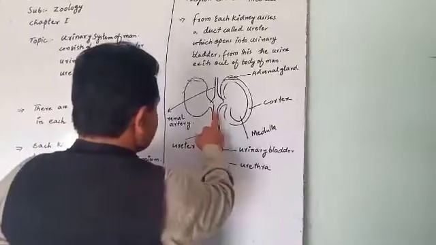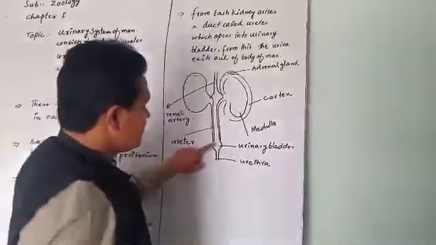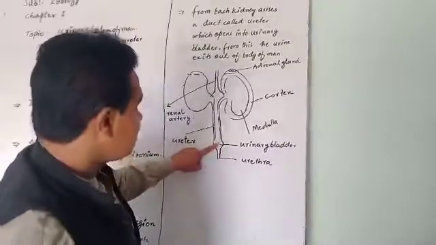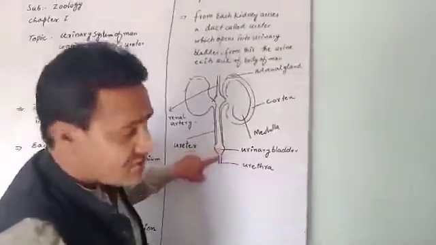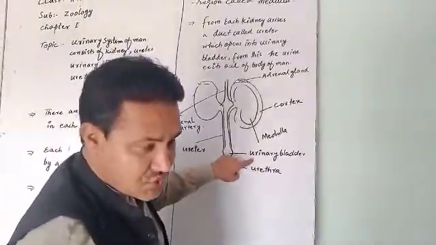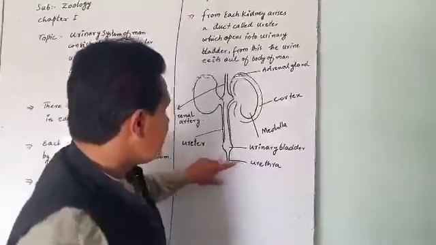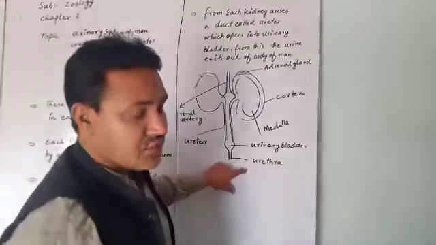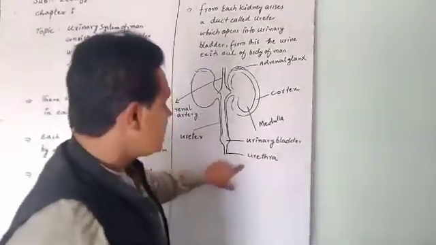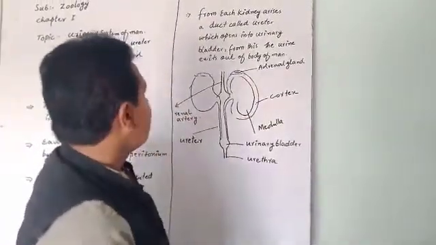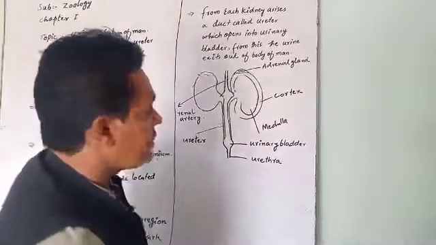From ureter then there is urinary bladder. It is a bag like structure where urine is stored, and from the urinary bladder the urine goes out of the body through the urethra.